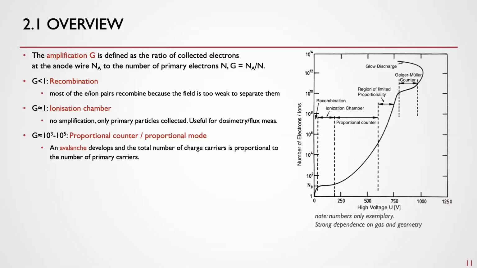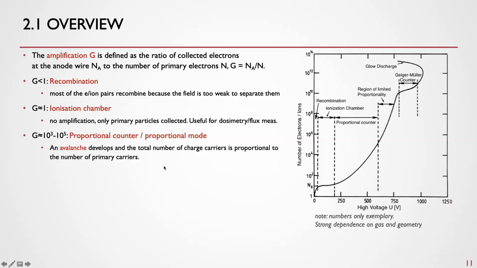However, the regime where the ionization energy is lower than the energy provided to the electrons from the electromagnetic field increases, and hence an avalanche can be formed. We'll discuss avalanche formation in a little bit. Now, for a moment, please take my word for it, that we can get a factor 1,000 to 100,000 as a multiplication factor in avalanche production.